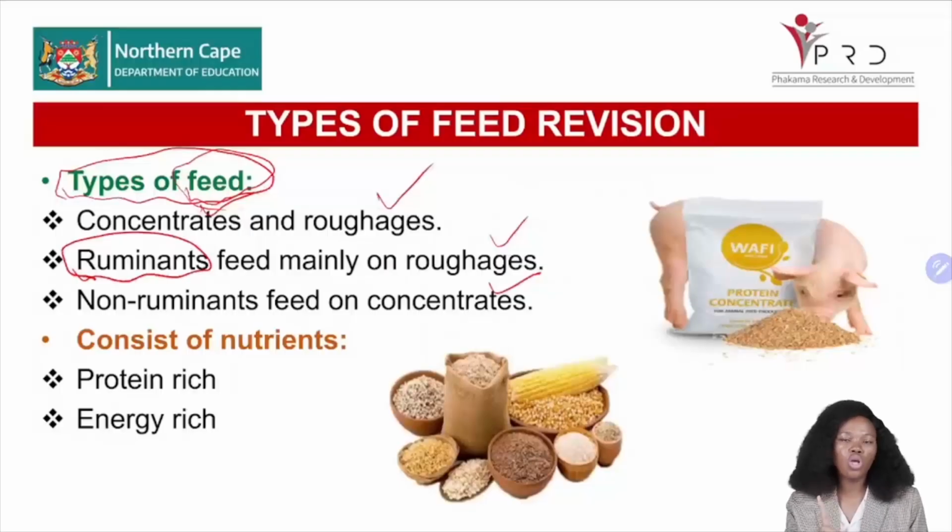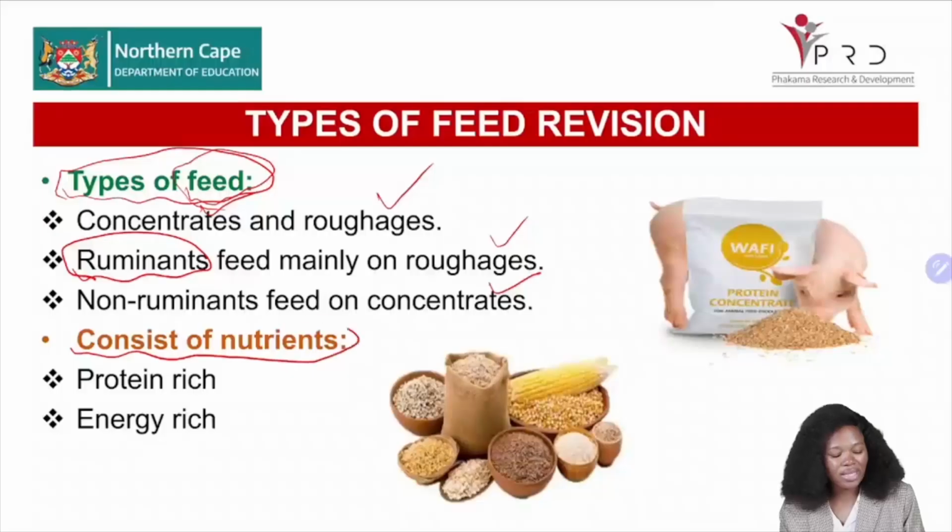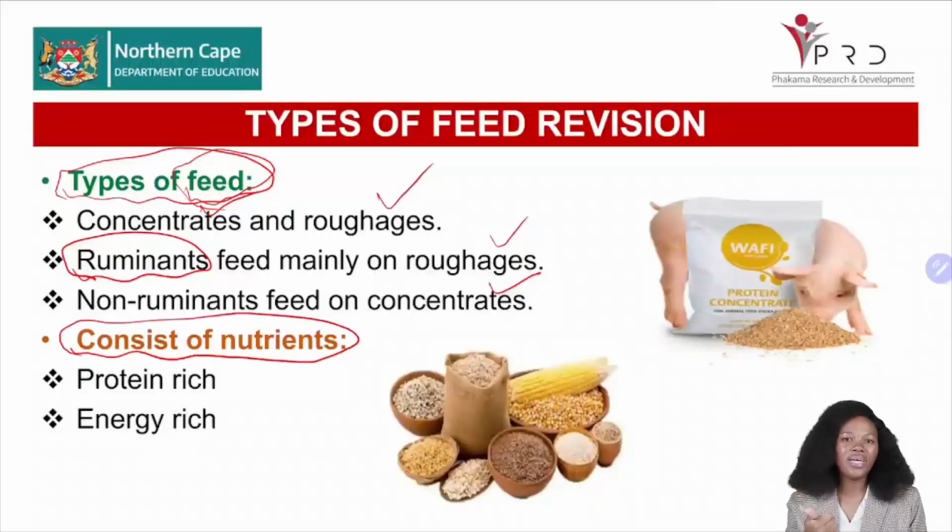Now, also you need to understand that whether a feed is a concentrate or a roughage, it consists of different nutrients, and the main nutrients contained by these feeds are, number one, proteins, and then carbohydrates and fats.